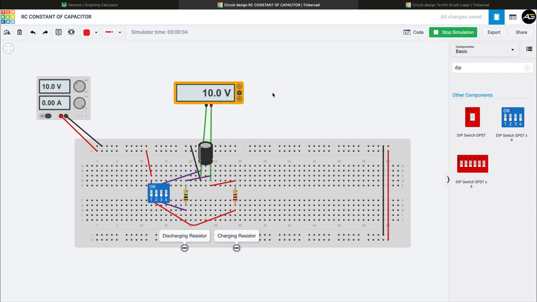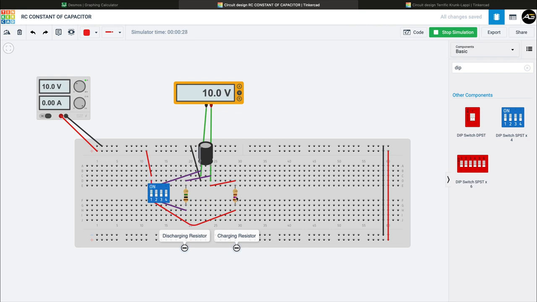So the idea to be retained from this illustration is that if we increase the RC constant, here the capacitor is not changing, only the resistor is changing, we can increase the time for charging or discharging.